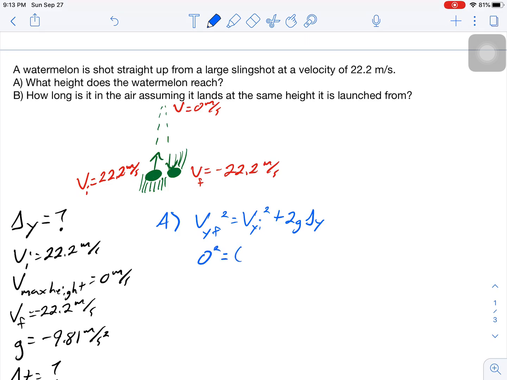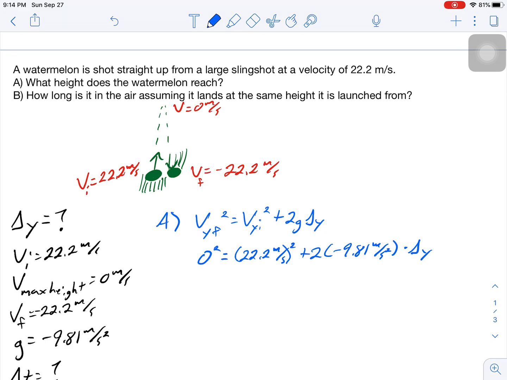Our initial velocity, 22.2 meters per second squared, plus 2g delta y, and delta y is what we're solving for. If we subtract this over, we're actually going to end up getting a negative value.